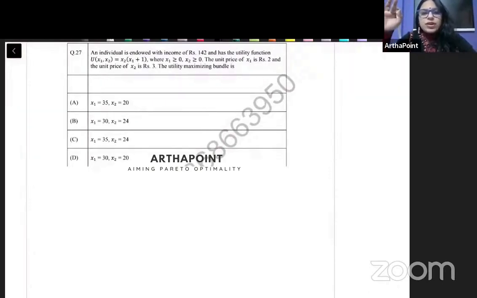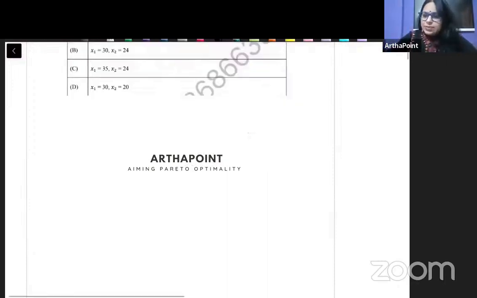देखो ध्यान से, क्वेश्चन नंबर 1 क्या कह रहा है. It says an individual is endowed with income of 142 rupees and you are given a utility function of the form x2 into x1 plus 1. अब ध्यान से हमें देखना है that this utility function that is given to us is a well-defined preference.